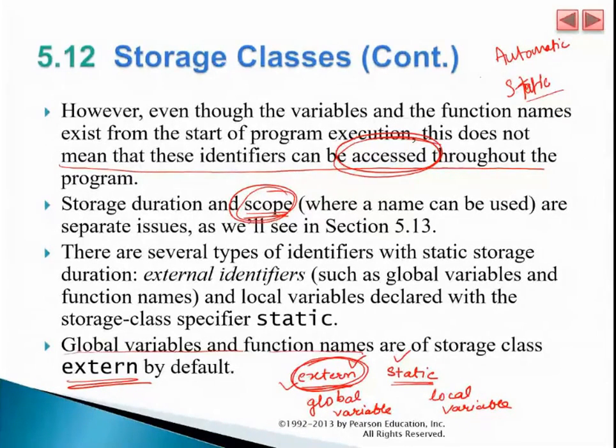And there are several types of identifiers with static storage duration. If there are local variables declared with the storage class static, they can remain in the memory for longer. So these are a few differences.